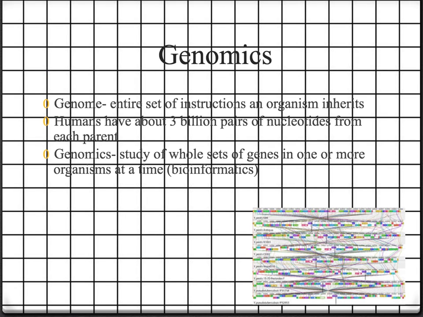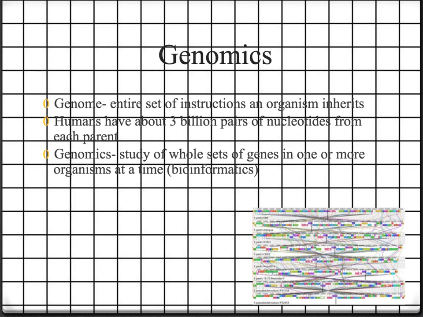We can study something called genomics, and this has become very prevalent in the last few years as we've decoded very many different organisms, the human genome being completely discovered. It's where we have our entire set of instructions, and we use computers to determine what those instructions are.